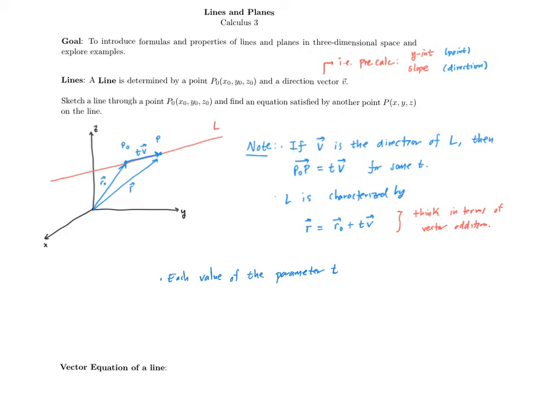How we get that correspondence is that t gives the position vector of a point on L. And remember, if this is going to be a position vector of some point on L, it's really the terminal point, or the tip of the vector, that will lie on the line. So the tip of the vector r traces out the line L.